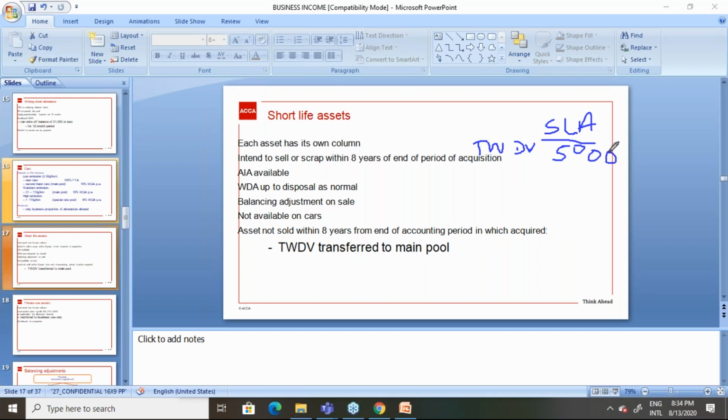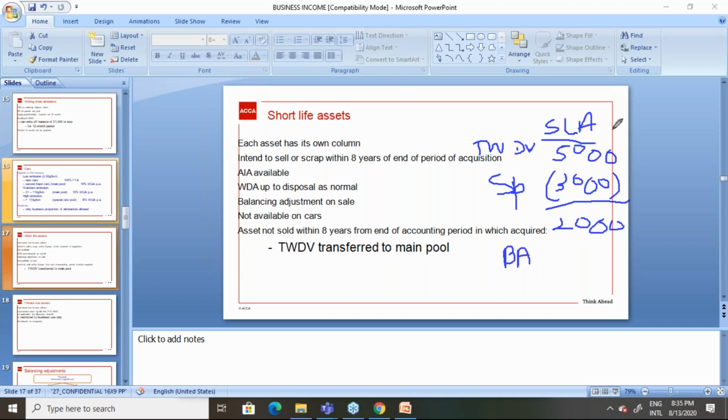That means you have the opportunity to claim capital allowances up to 5,000. But you are selling the asset for 3,000 pounds. So that means you have been able to recover 3,000 pounds out of this 5,000. The balance 2,000 at once you can claim as capital allowances. You call it balancing allowance.